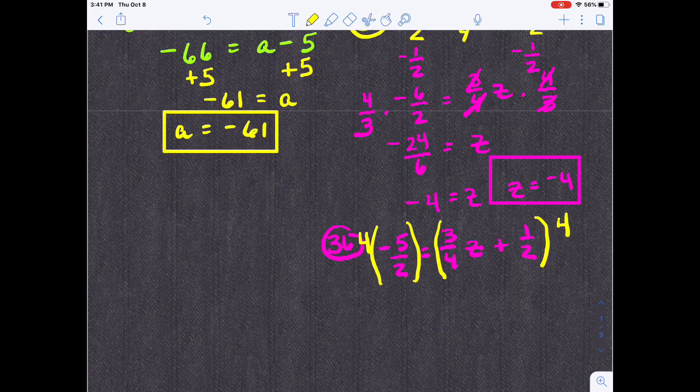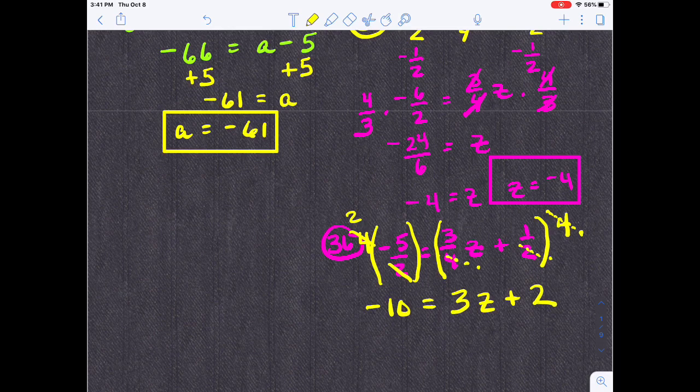4 times negative 5 halves becomes negative 10. Try it in your calculator if you don't believe me. 4 times 3/4 z just becomes 3z plus, and 4 times 1/2 becomes 2.